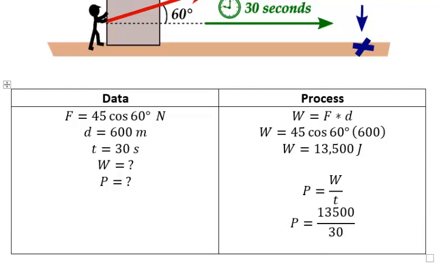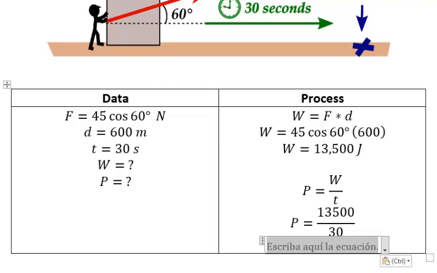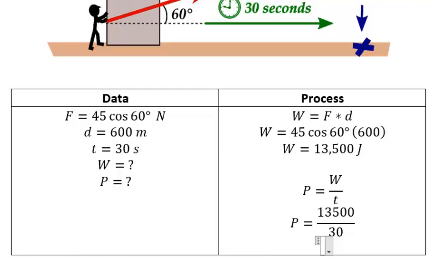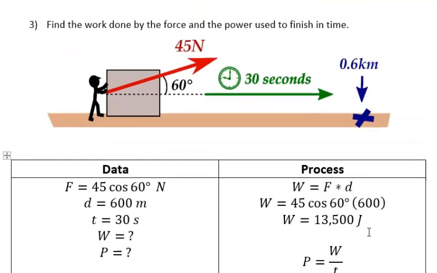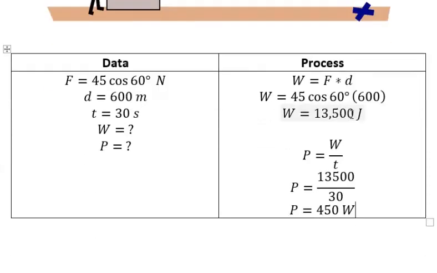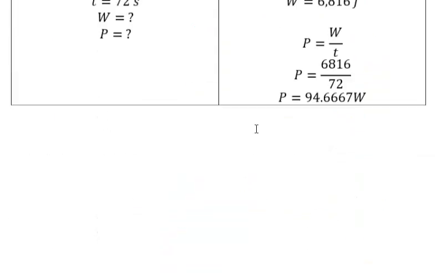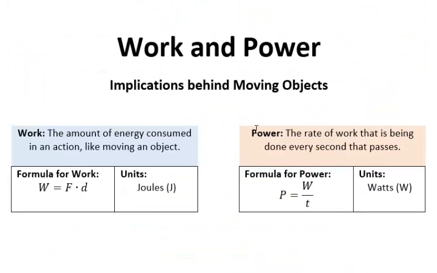If I do that, that will give me an answer of 450 watts. You can see that's a lot of power. You have to consume 450 joules every second so that you can finish this work in time. Okay? And that's it. That's how we work, at least on a basic level, the ideas of power and work.